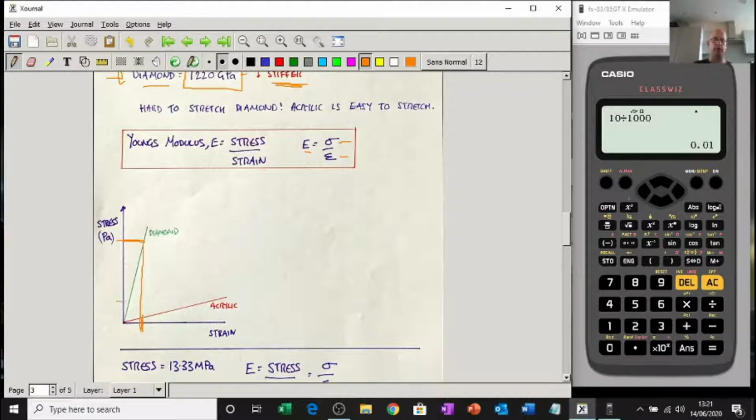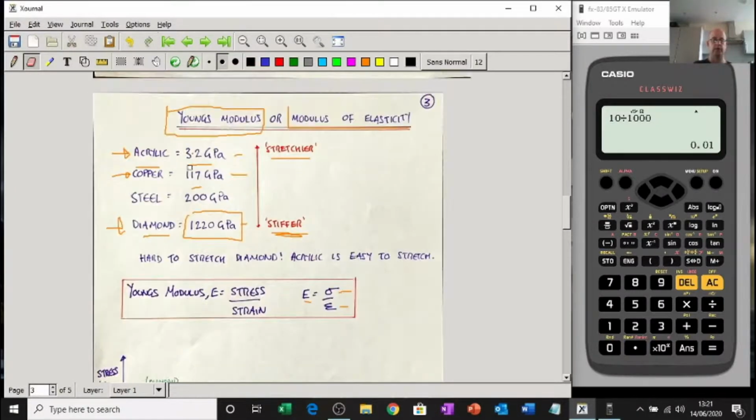Obviously, with acrylic, you don't need a lot of force or stress to stretch it a lot, because strain is linked to change in length. So the steeper the straight line on a stress-strain graph, the higher the Young's modulus. Luckily, all these values are in a book for us, or we can look them up, so we can reference them.